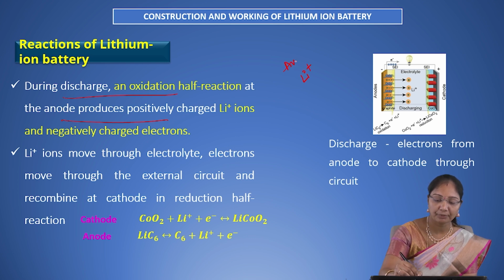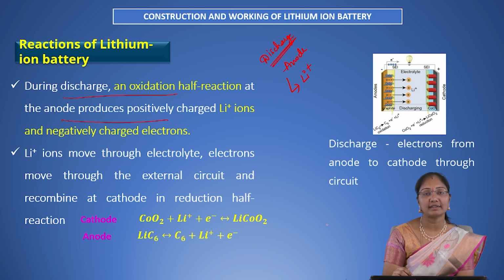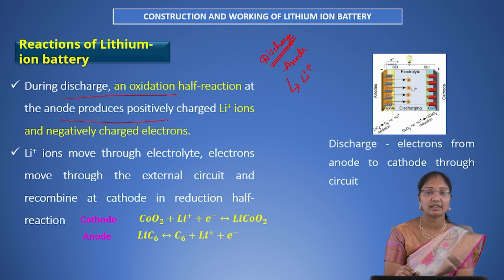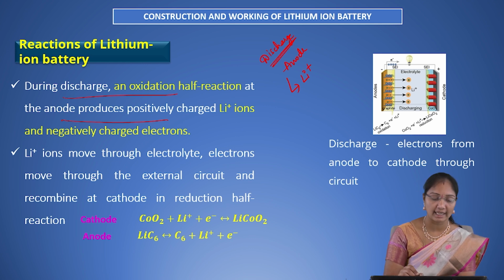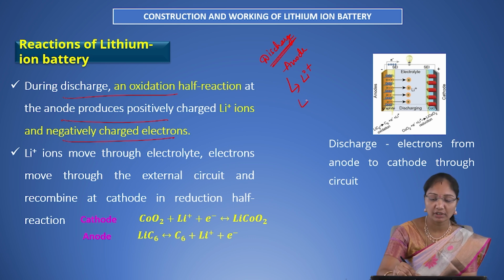So at the anode during the discharge process, these Li+ ions are produced because an oxidation cell reaction happens at the anode. This produces the Li+ ions, which are positively charged lithium ions, and also releases electrons, e-.